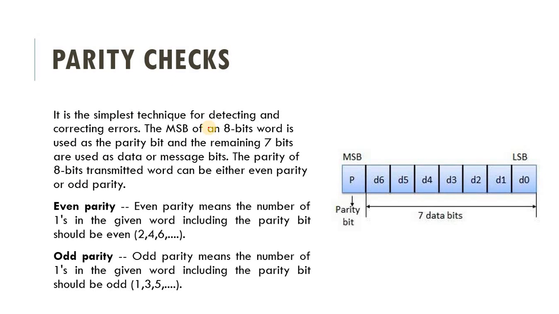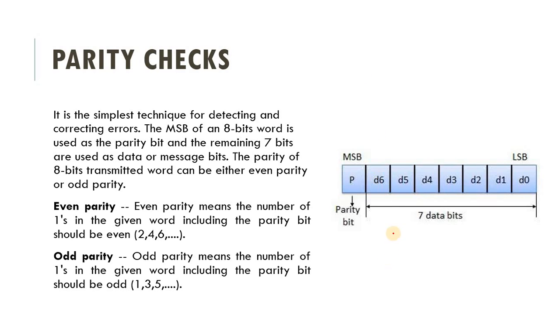So what is a parity check? It is the simplest technique for detecting and correcting errors. The MSB, meaning the most significant bit, of an 8-bit word is used as a parity bit, and the remaining 7 bits are used as the data or message bits. The parity of an 8-bit transmitted word can be either even or odd parity.